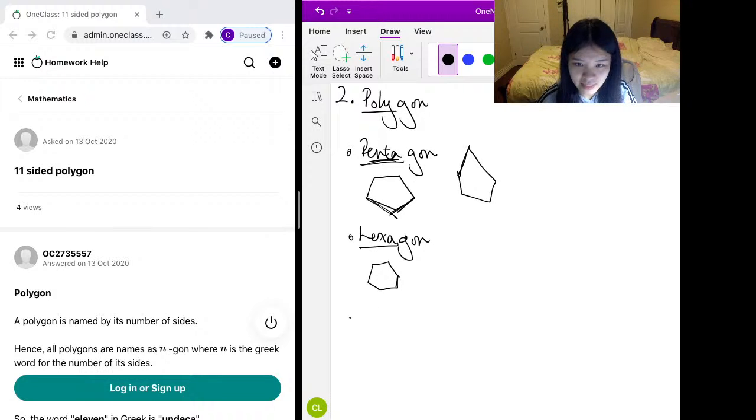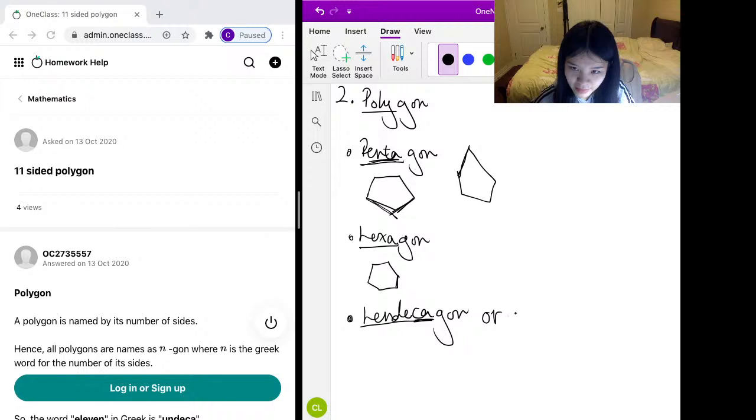Similarly, an 11-sided polygon is called a hendecagon, where hendeca is again Latin for 11.